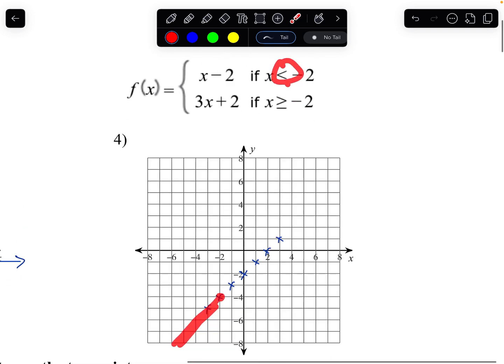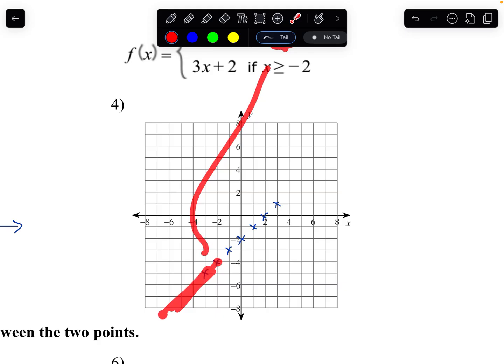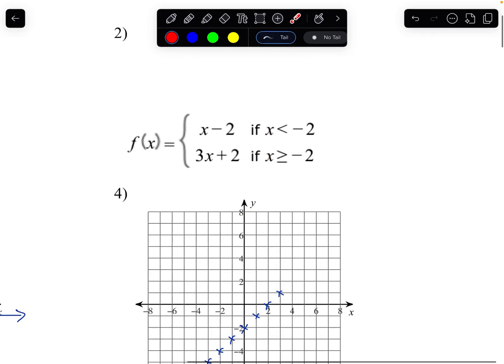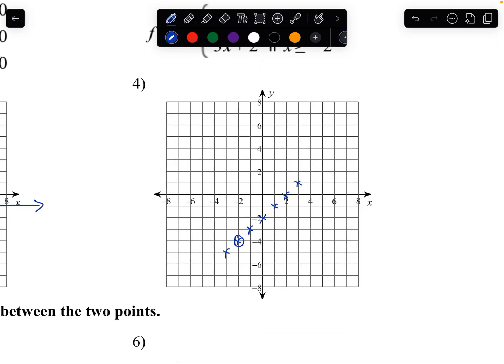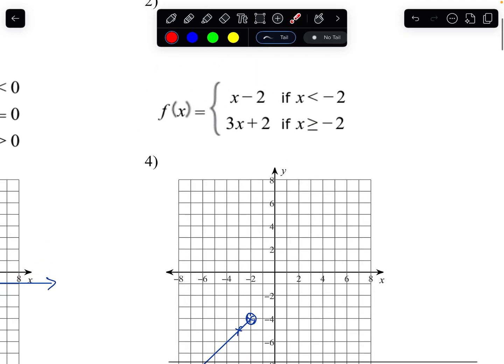If it's less than, I'm going to draw it like this, where the end is at -2, but it's going to continue to the left. And because it's less than and not less than or equal to, I'm going to use an open circle. So I should have an open circle right here, and my line should go just like that, and I don't need these right here because I only want to draw it to the left of -2.